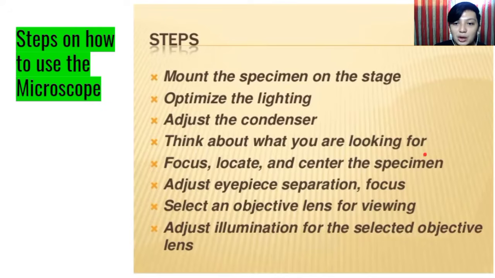Then focus, locate, and center the specimen. Adjust eyepiece separation to focus. Then select an objective lens for viewing. Then at last, adjust illumination for the selected objective lens so that you are good to go and you will be able to see the magnified objects or magnified specimen.